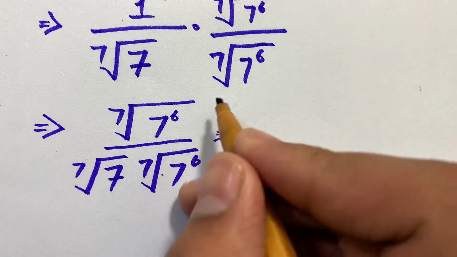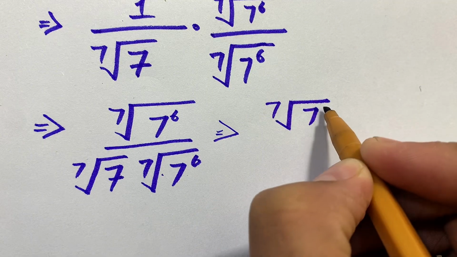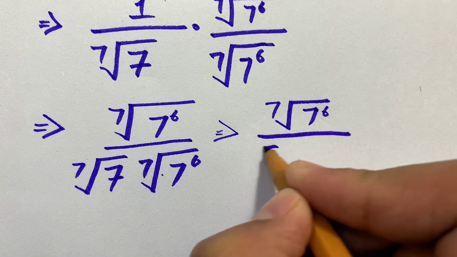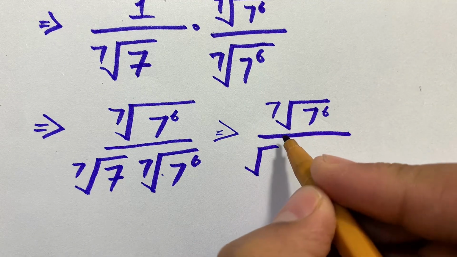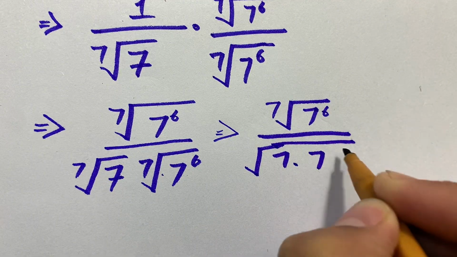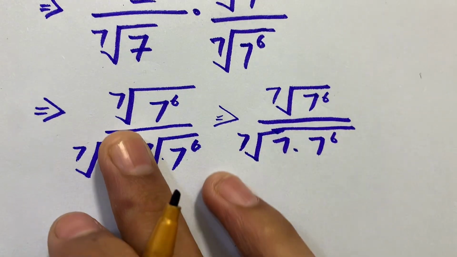This will be 7 and root 7 power 6 divided by 7 into 7 power 6 base 7.